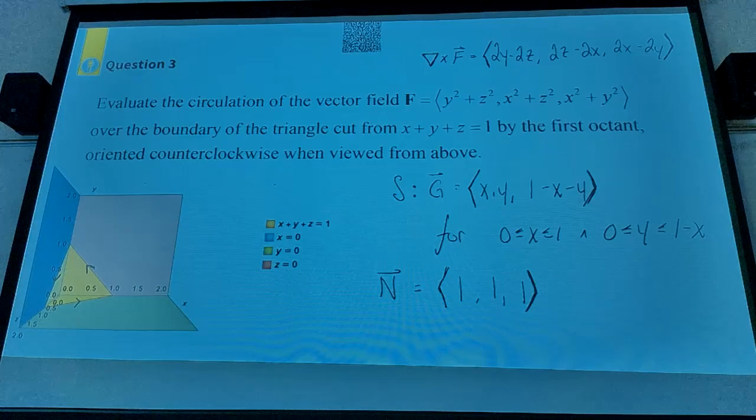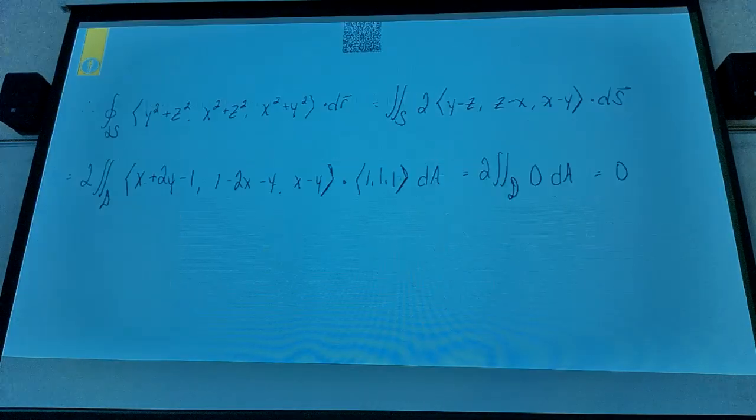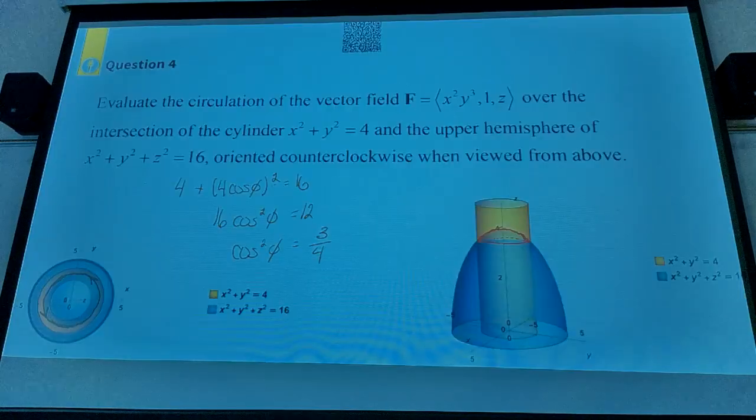This one is one of those rare occasions where Stokes theorem was actually easier than doing circulation, right? Because you have 3 separate line integrals you have to do. But the way that Stokes theorem wound up being set up, that wound up being easier. This one, I honestly don't know. Probably the circulation integral would be the easiest.